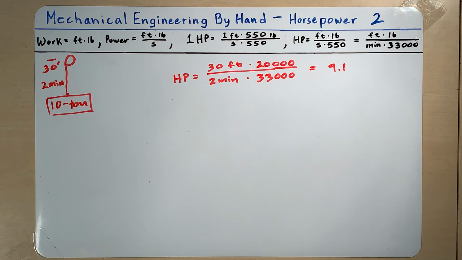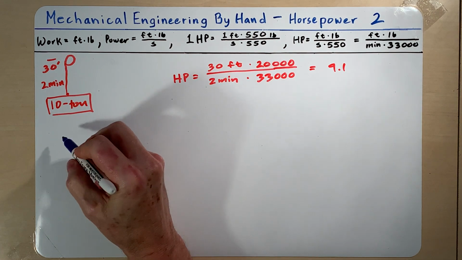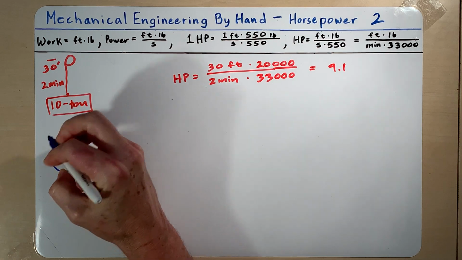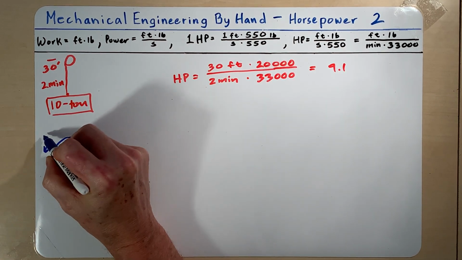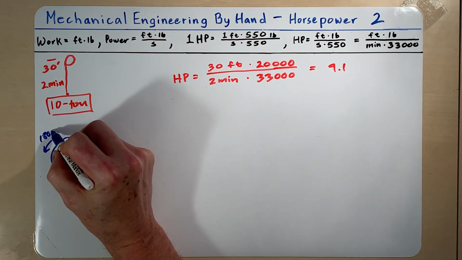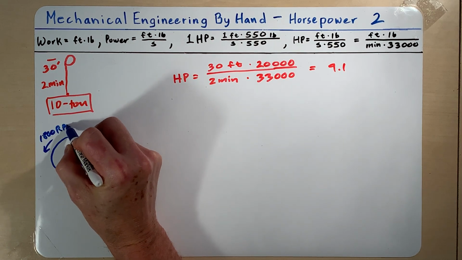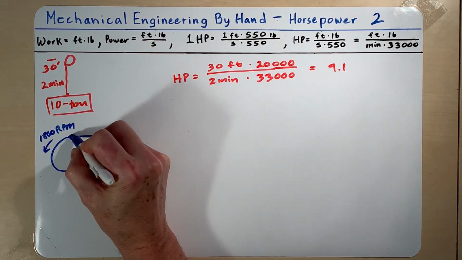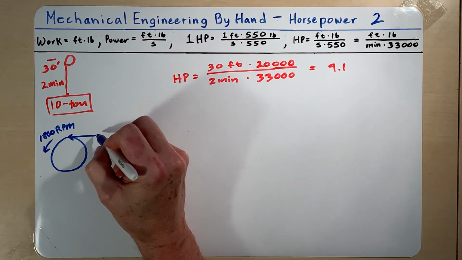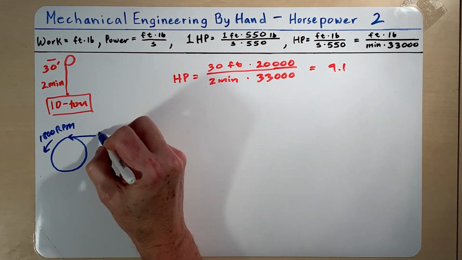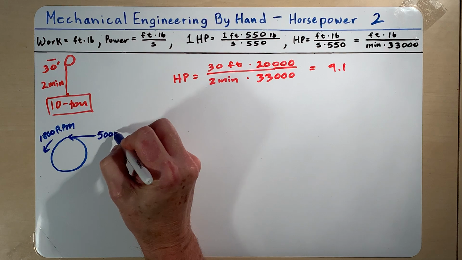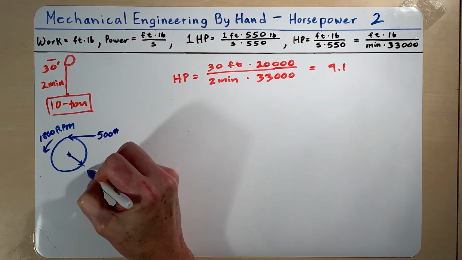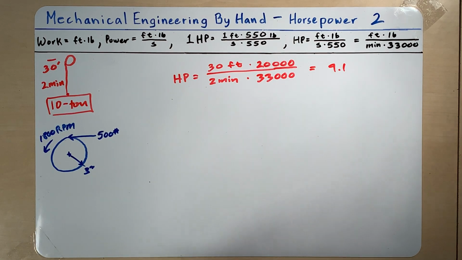Another example would be a gear, and let's say it's spinning at 1800 RPM, and we have a 500-pound force from another gear or a pinion, and then our radius of the gear is 3 inches.